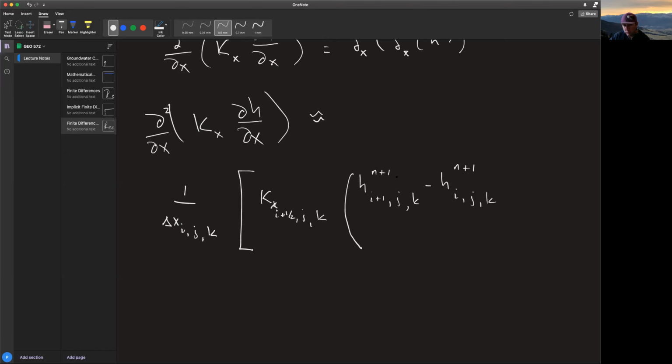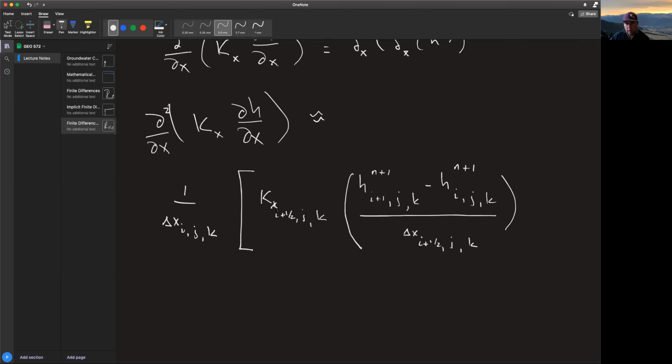And I'm doing these at the n plus 1 because I'm doing this for the implicit method, where we're going to end up solving this set of equations for the present using the future. Okay, and this is over delta x, i plus 1/2, j, k.